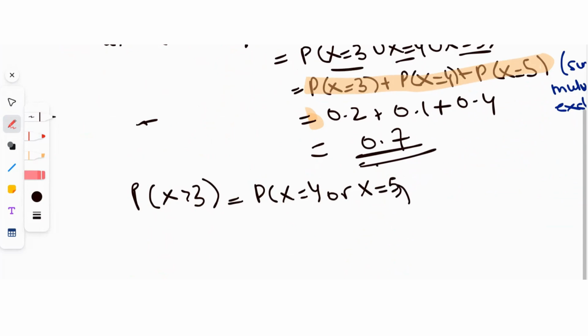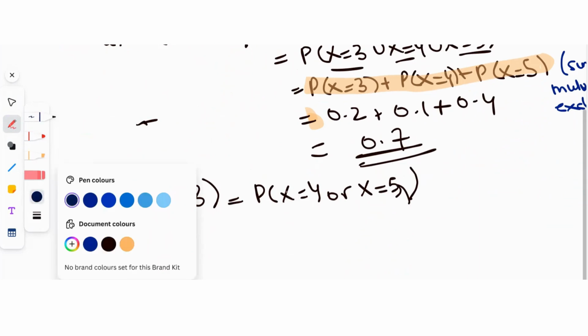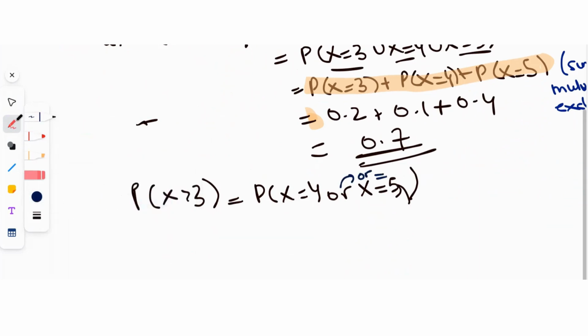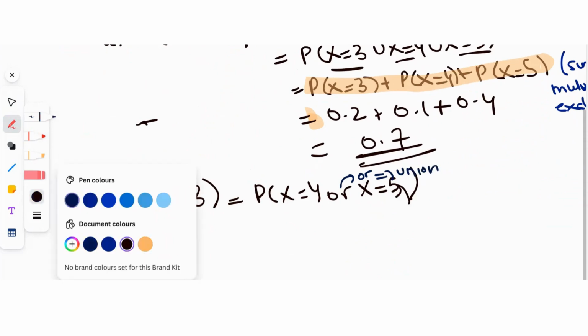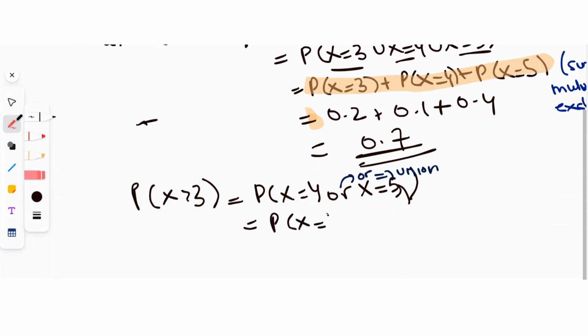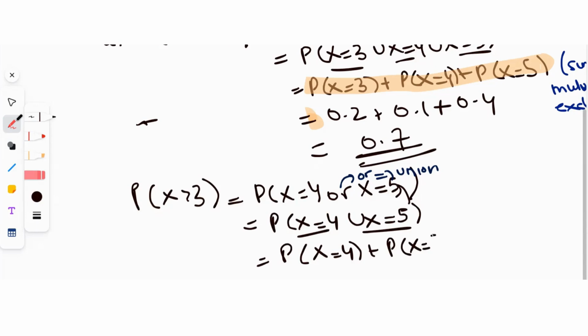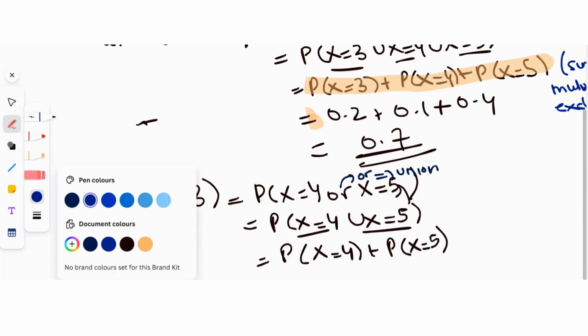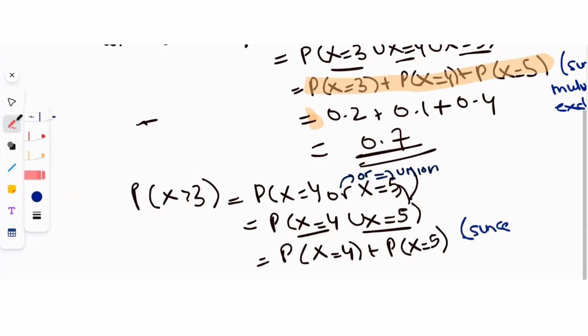Or means union, just like and means intersection. So I can write this as probability x is 4 union x is 5. The events are mutually exclusive, and the probability of the union of mutually exclusive events is the sum of the individual probabilities.